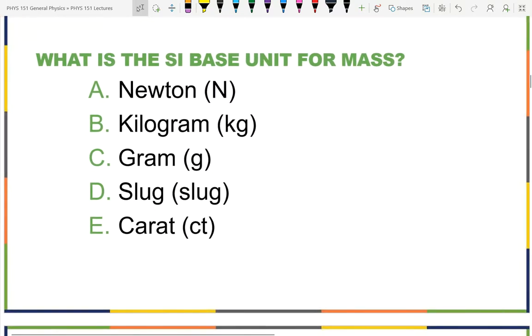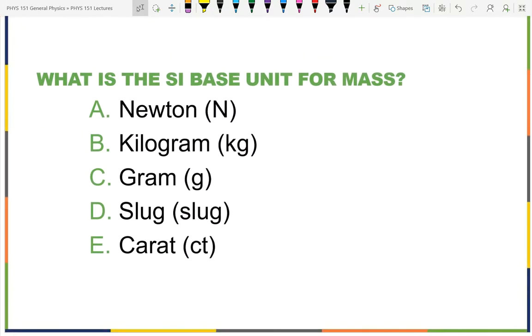Okay, the next one then, the base unit for mass. Okay, everyone but Cole.